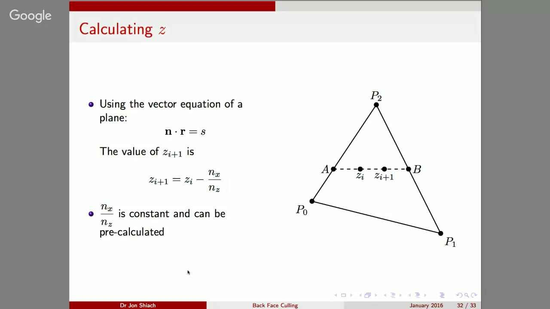Well, I could split this up into two fractions. So I can say s minus x nx minus y ny over nz. I've also got another nx here, so I'm going to take that over here. Now split it in two.